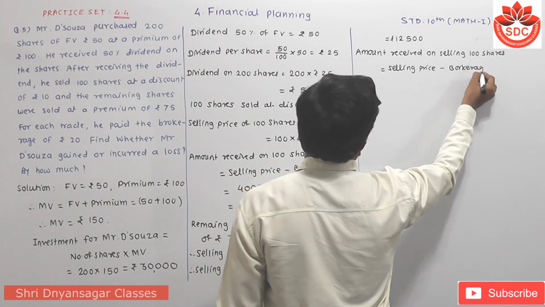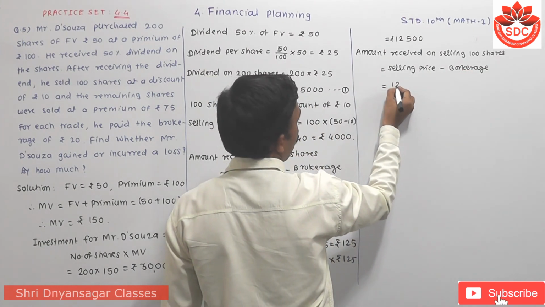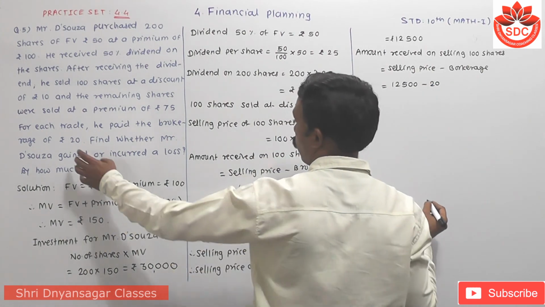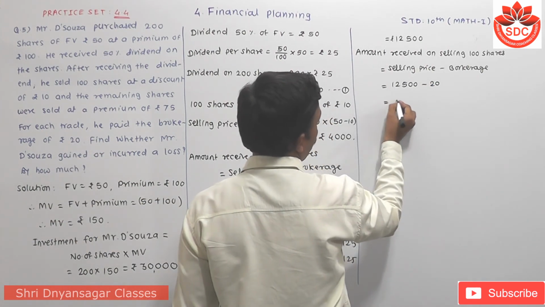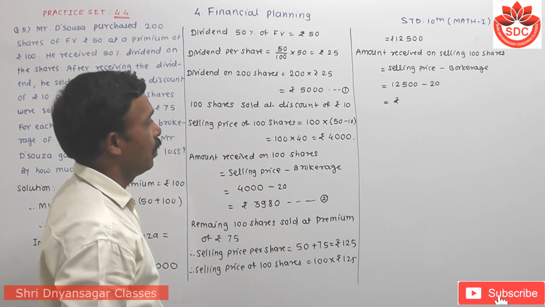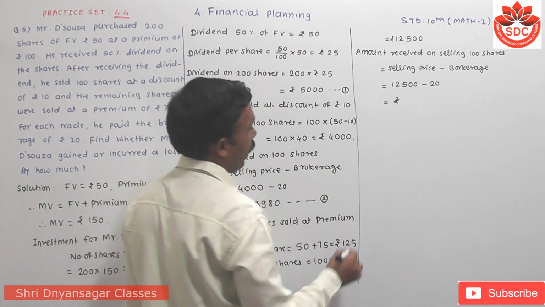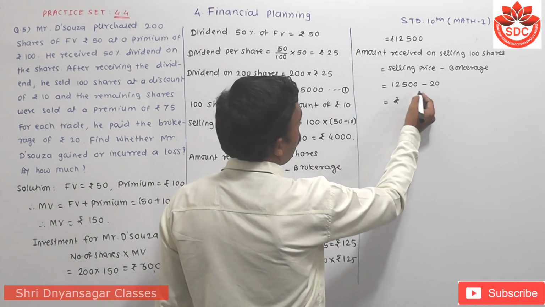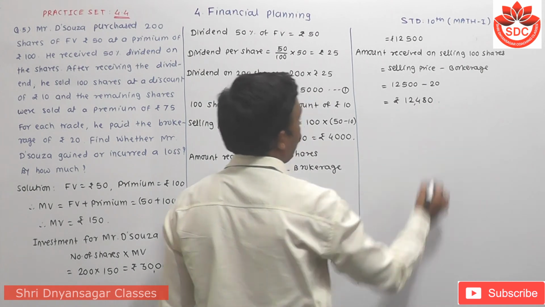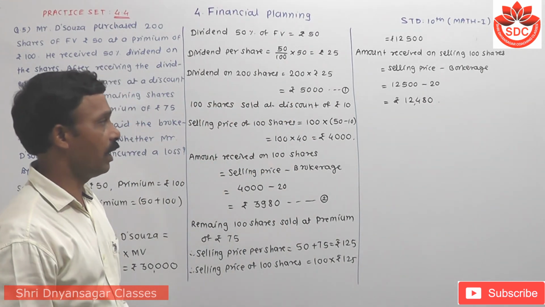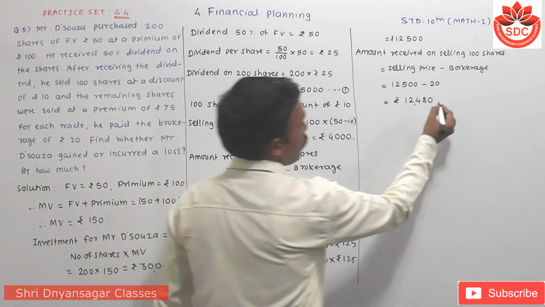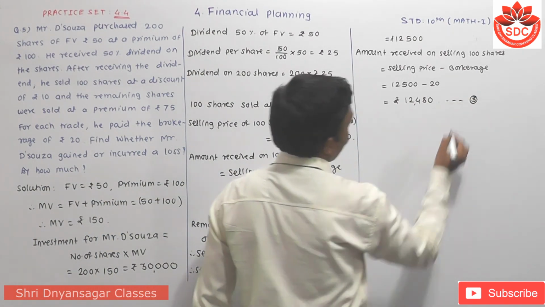Brokerage. This selling price is 12,500 minus brokerage, how much? 20 rupees. Meaning this is rupees 12,480. This is the amount received, so we take equation third.